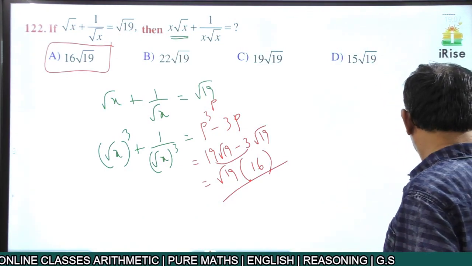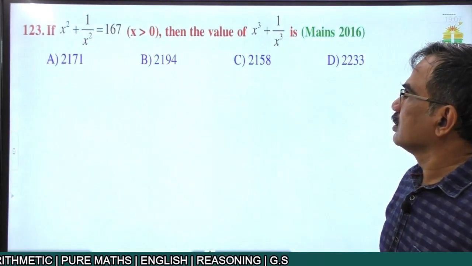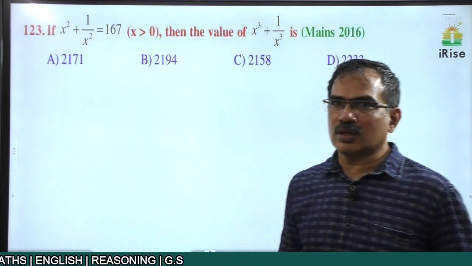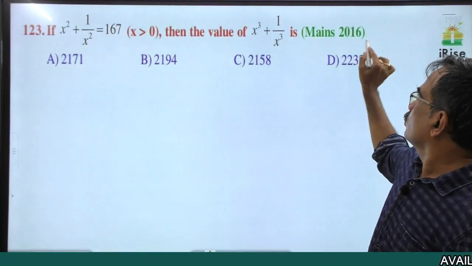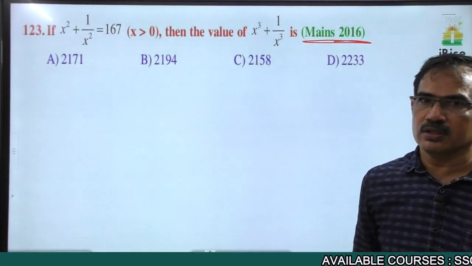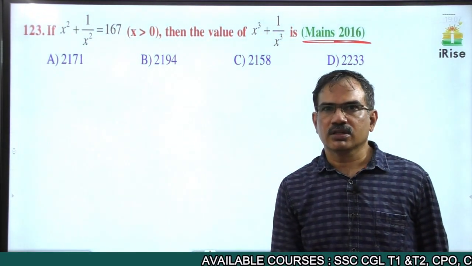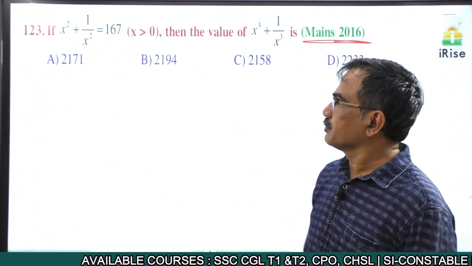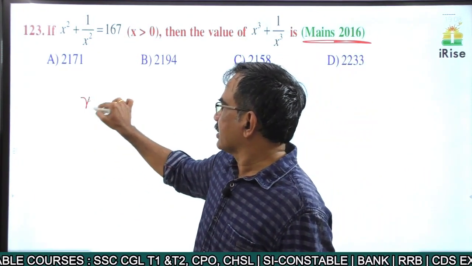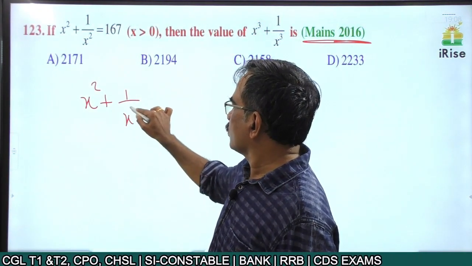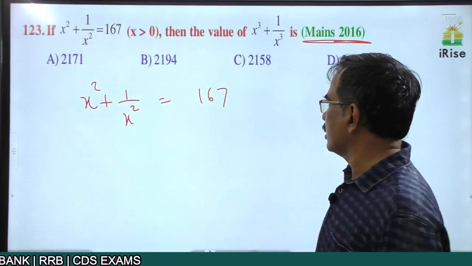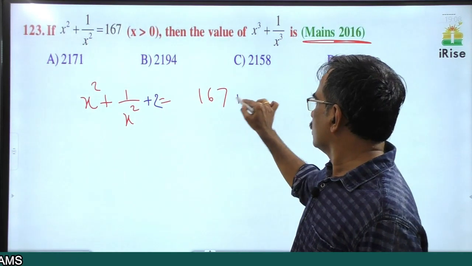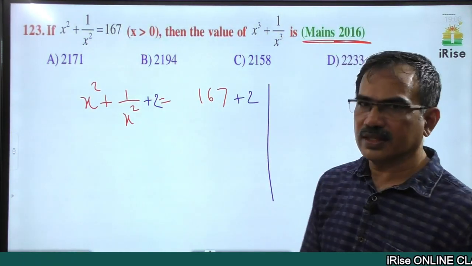Next question. If x² + 1/x² = 167, then what is x³ + 1/x³? A simple question given in Mains 2016. x² + 1/x² is given as 167. I want to add 2 on both sides.